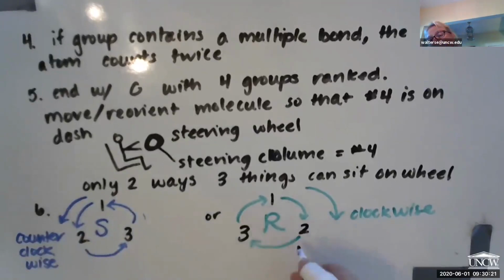If it goes to the right, you just give it a regular R. If you have the slides in front of you, the next slide just shows you reorienting the molecule and comparing these diagrams to steering wheels. Are there questions before we do some practice?